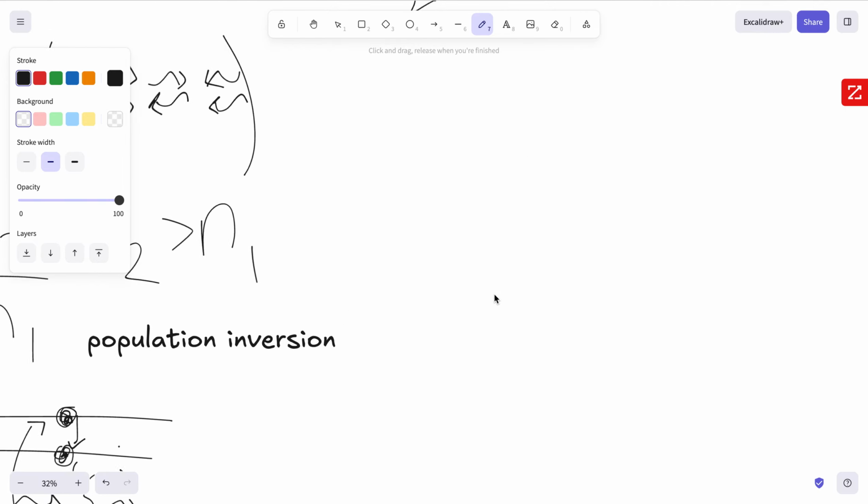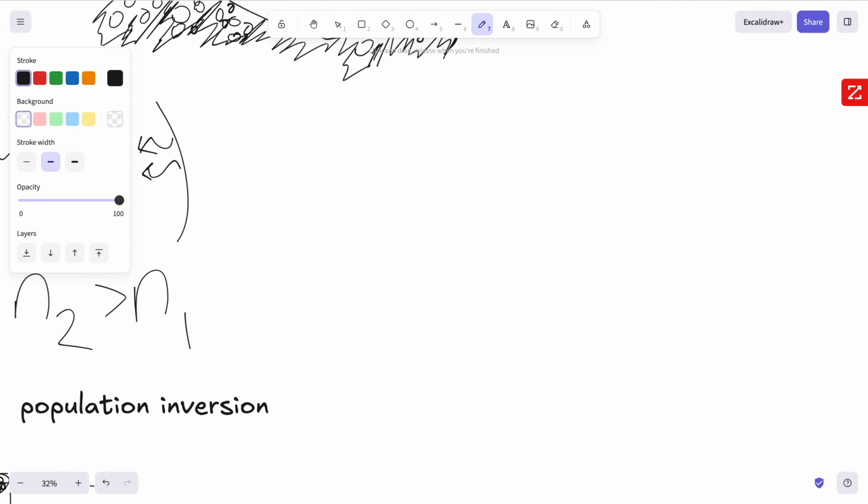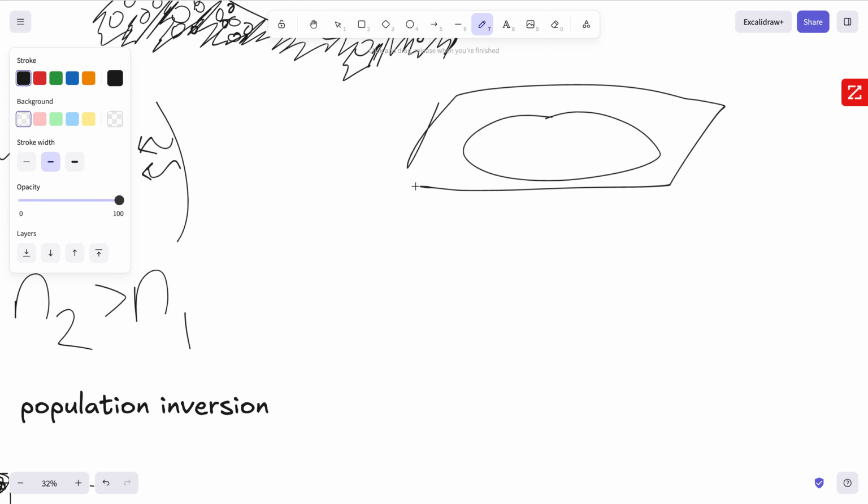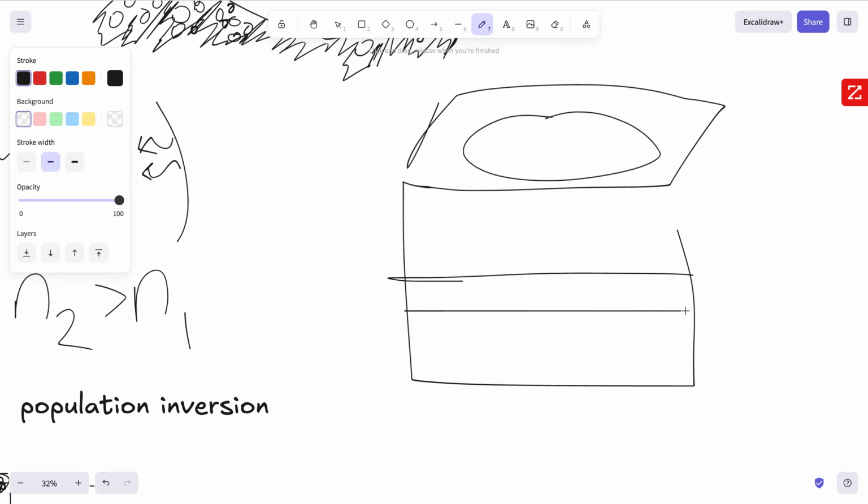The other way we can do it is surface emission, which is where you have what's called a surface emitting laser, with a large surface, and you propagate photons through here that stimulate emission using something called quantum wells, which we'll not go into.